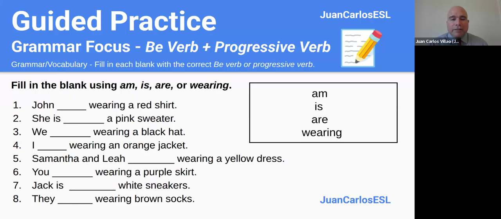Then once they have completed all 8 sentences, have them share the responses with a partner, see if they have the same answers, invite them to exchange feedback, and support one another, learn and grow. All right, so at this point, I expect that you have already paused the video and everyone's ready to proceed with this guided practice exercise.